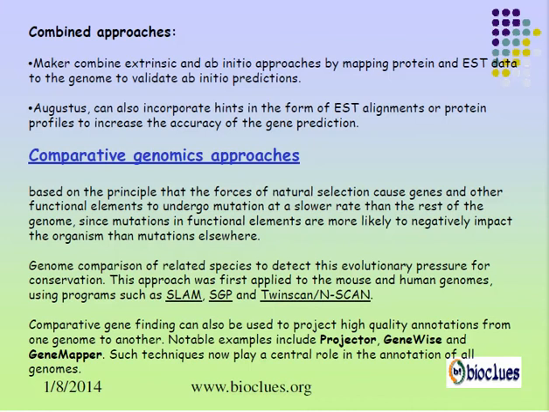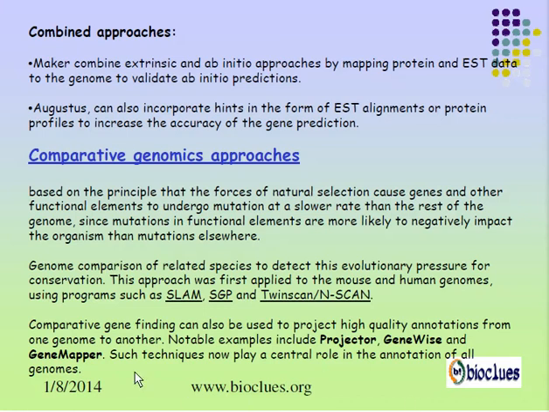The tools that use the comparative genomic approach for gene prediction are SLAM, SGP, N-SCAN, TwinScan. There are a few more: Projector, GeneWise, and GeneMapper. And comparative gene finding actually gives high quality annotation from one genome to another.